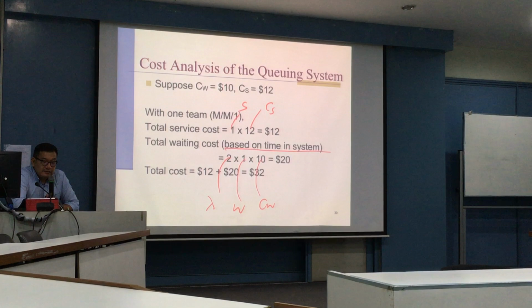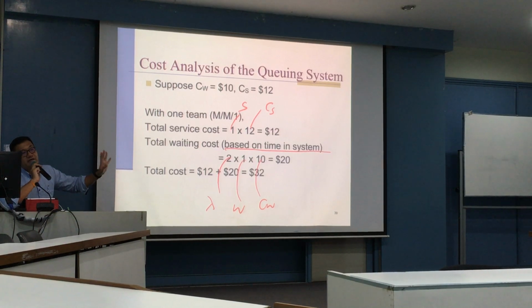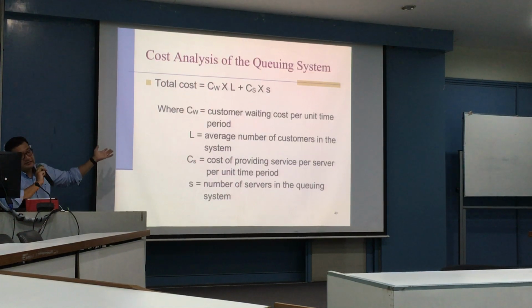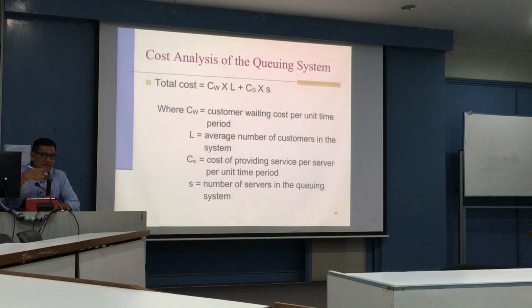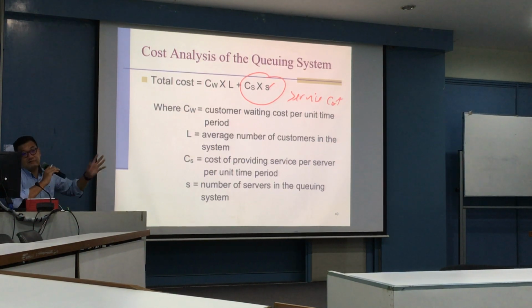Besides this one, we can have another formula to calculate the cost as well, so it's based on your preference. This is the formula for calculating the total cost as well. You can see that everything is quite the same. This is the service cost, the same as the previous one, right?